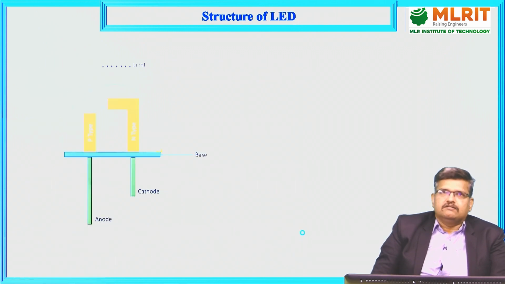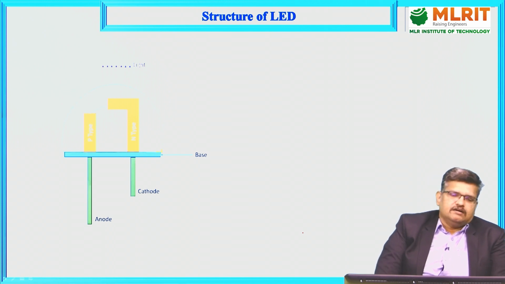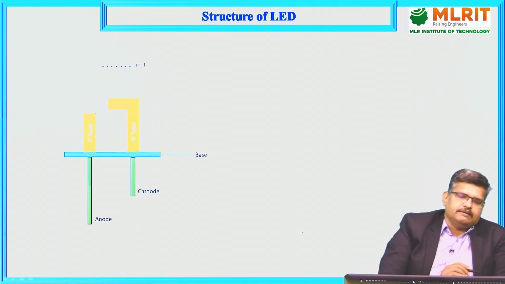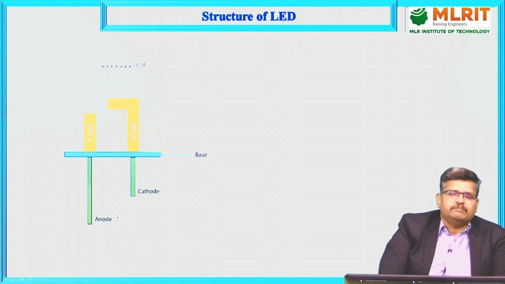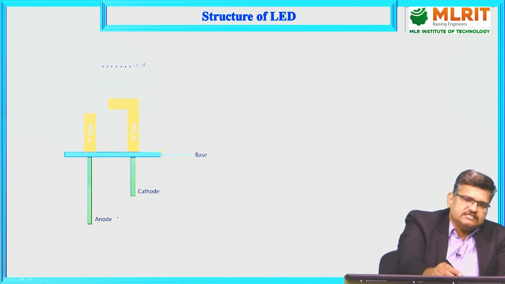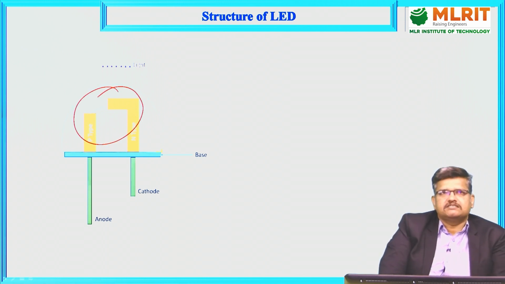We will go to the structure of LED. Here the P type and N type materials are connected. This is the anode, this is the cathode, this is the base. As I said earlier, the electron-hole recombination can radiate energy in the form of light.